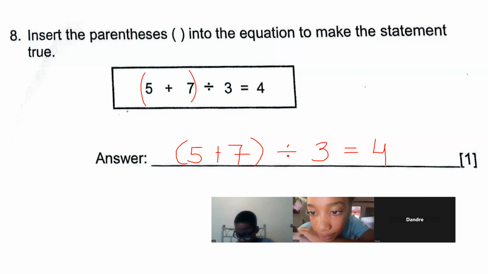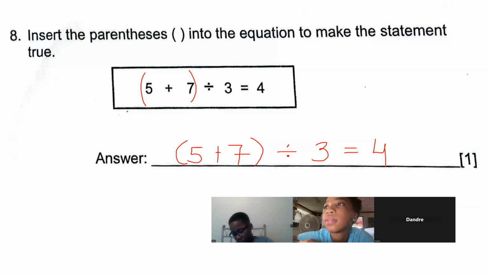DeAndre, are you there? Okay, I can't hear DeAndre. Deanna, explain why the parentheses are between the 5 and the 7.